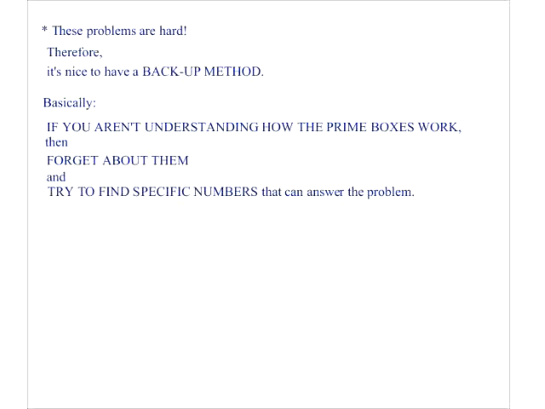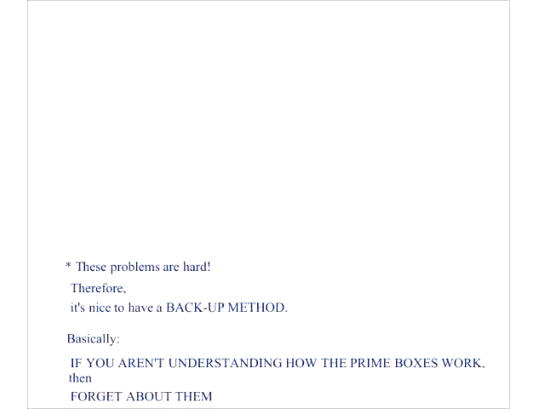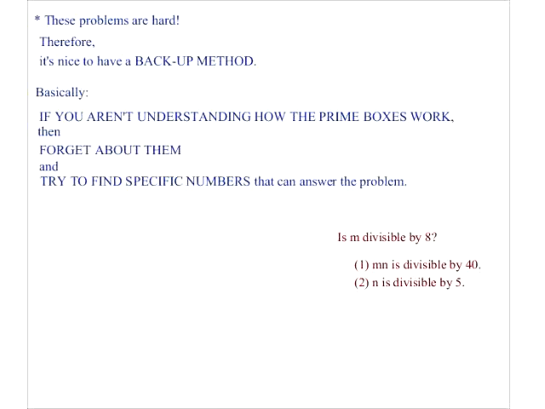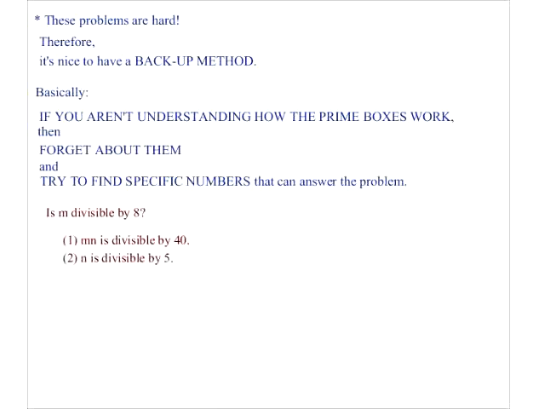Okay, for instance, let's say you're looking at this problem. If you look at these two things together, I mean, statement 2 is definitely not sufficient, so let's get rid of that. Let's try statement 1.